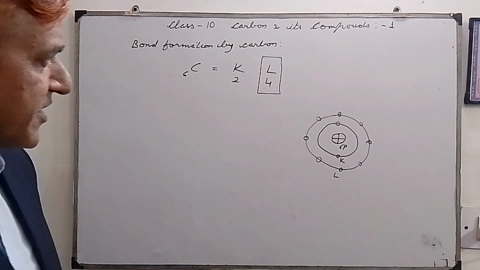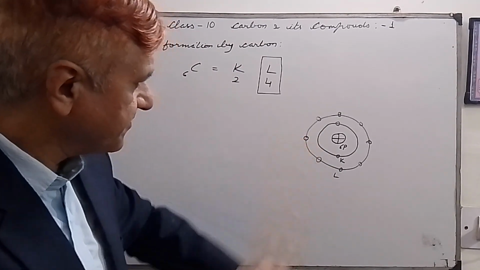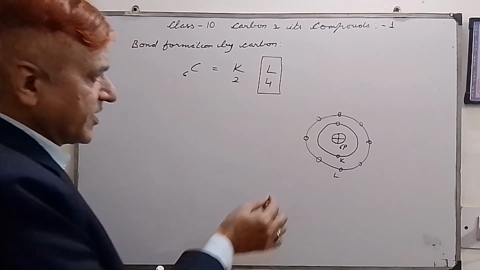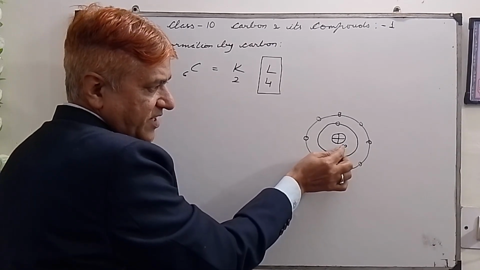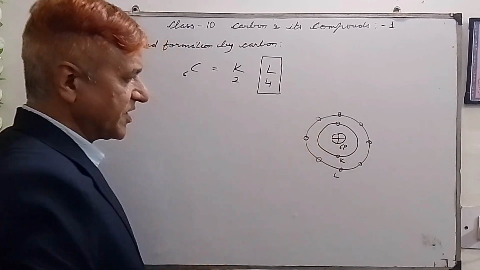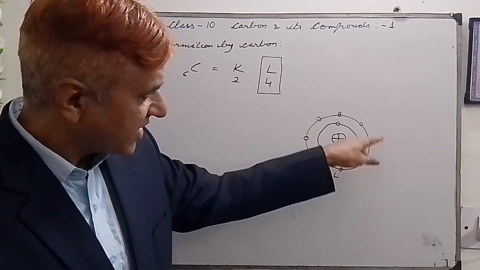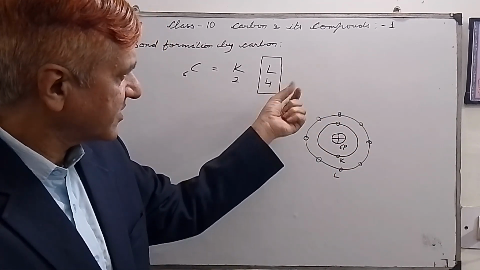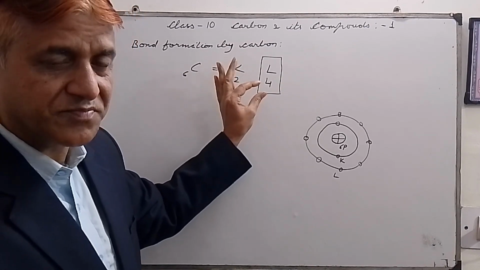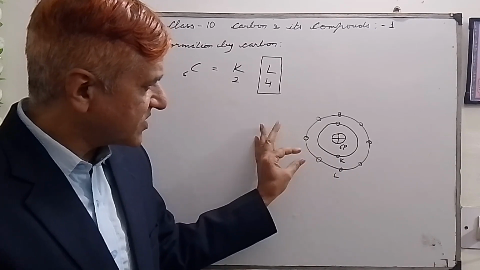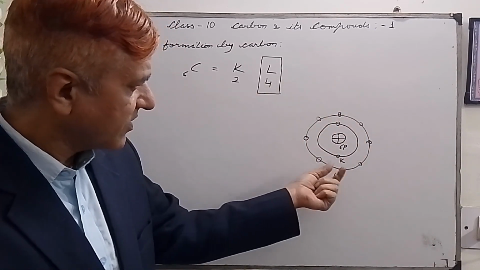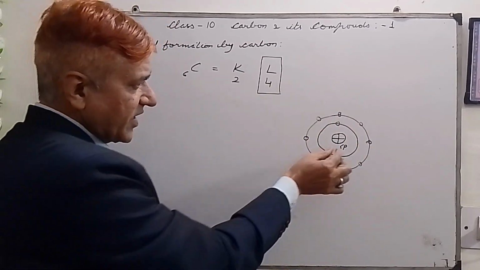Now, my dear students, understand this point very carefully. Here in the nucleus, this atom has 6 protons, and in the outermost shell, if this atom takes 4 electrons, then the number of electrons in this outermost shell becomes 8.